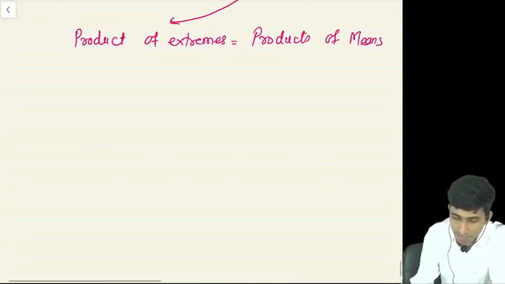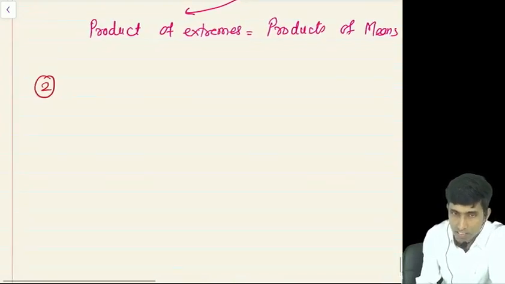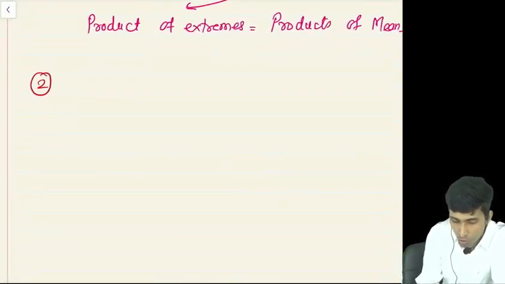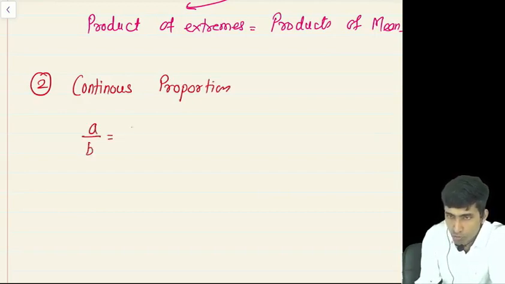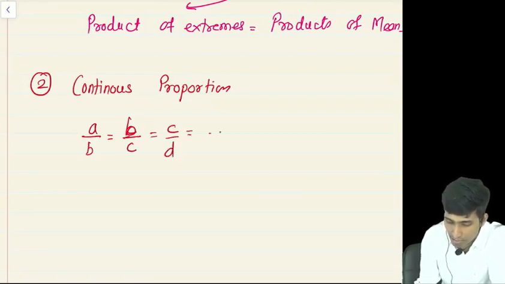Second point: continuous proportion. A by B is equal to B by C is equal to C by D. Something like this.